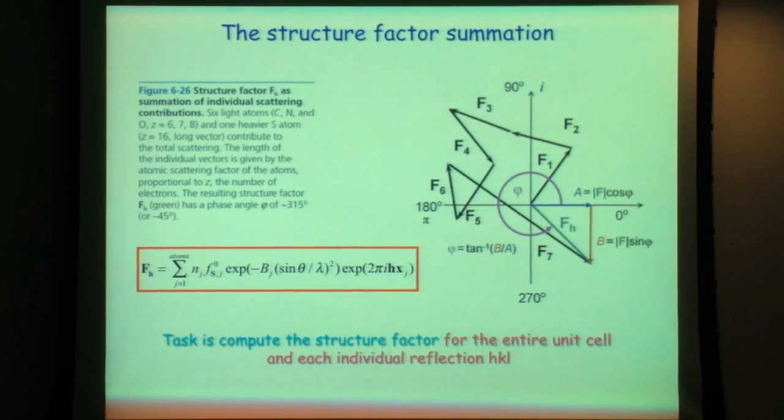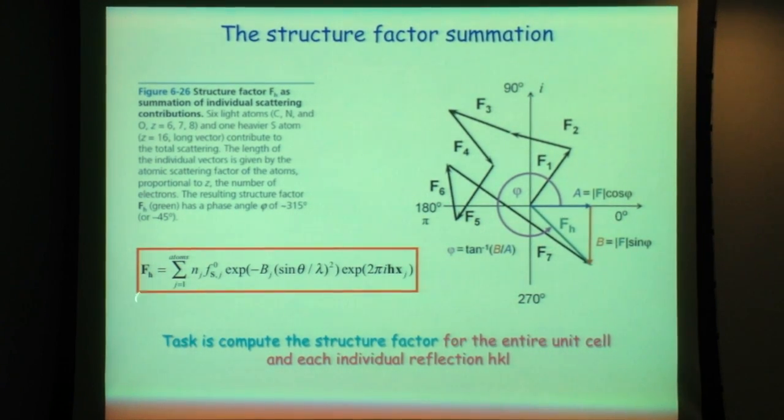And so what he indicates here is how structure factors arise from summing over the different atoms of the unit cell. Where did we start? F1. For the first atom in the unit cell, we get this structure factor, then another one that adds vectorially. Each of these has its own amplitude and phase.